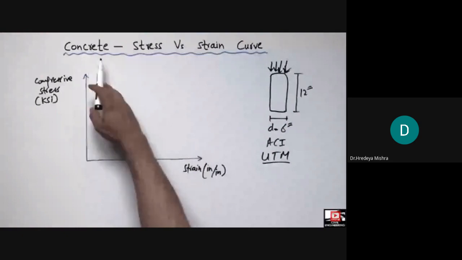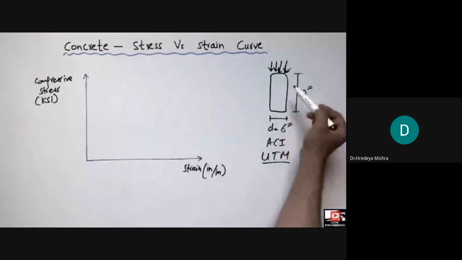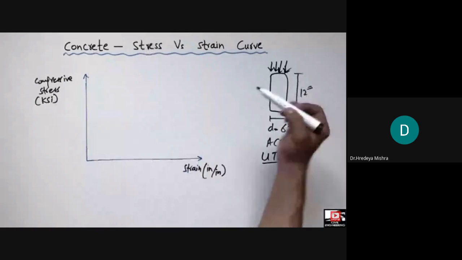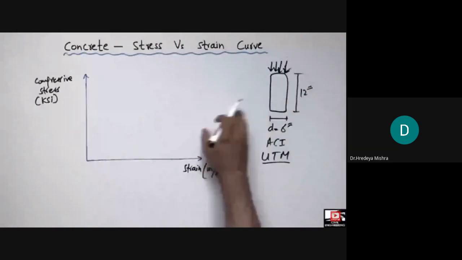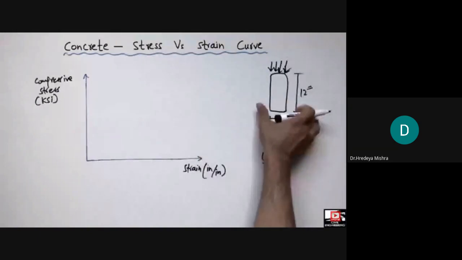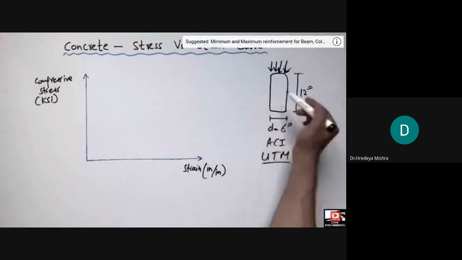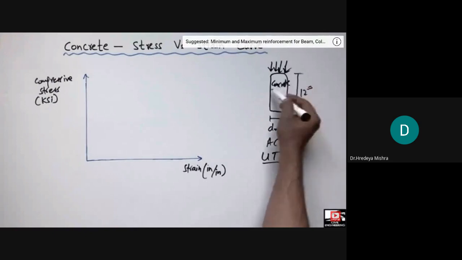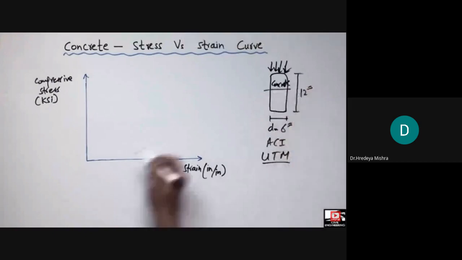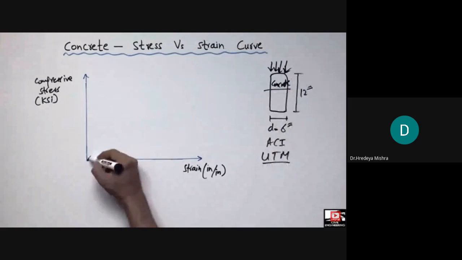After performing the test on this concrete, we can get the elasticity of the concrete. Let's suppose we make the cylinder made up of the concrete and perform the test on it. By starting the test, the curve will be straight, linear for some time.